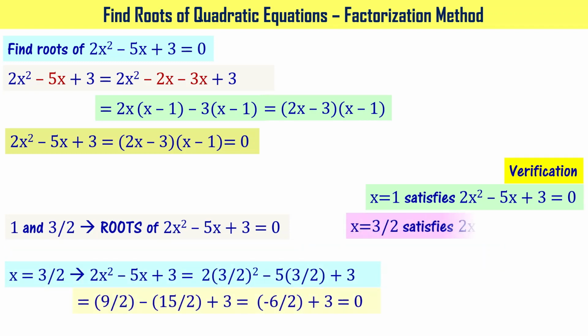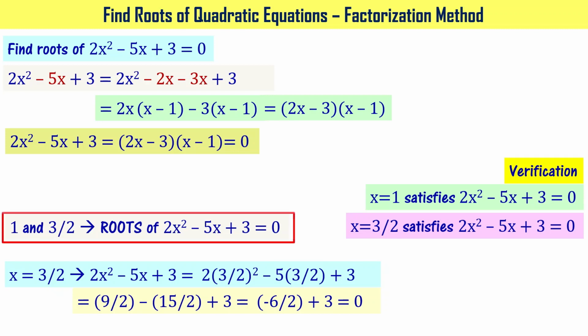It means x equal to 3 by 2 also satisfies 2x square minus 5x plus 3 equal to 0, right? So we can say that 1 and 3 by 2 are the roots of 2x square minus 5x plus 3 equal to 0. You can say that the roots are verified.